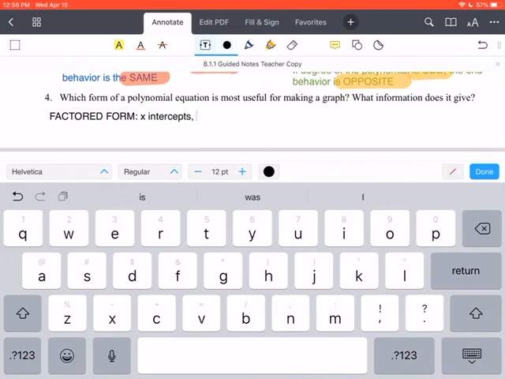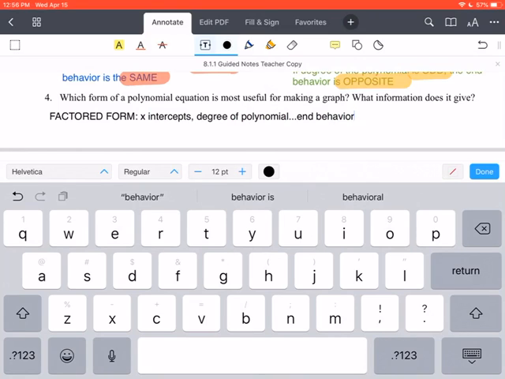What can we also do? We can also still determine the degree of the polynomial. And so then what does that allow us to do? That allows us, if it's even, then the end behavior is going to be the same. If it's odd, the end behavior is going to be different. So that leads us into being able to look at end behavior. Okay?